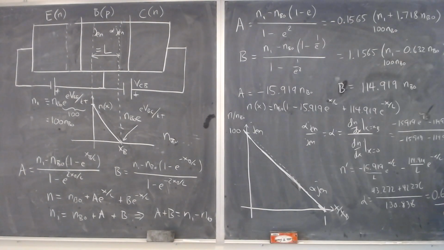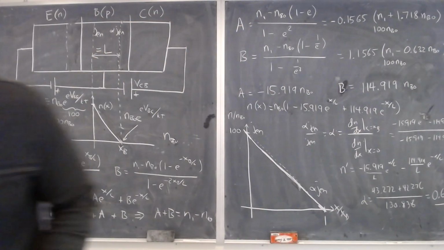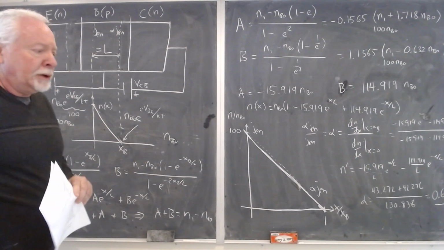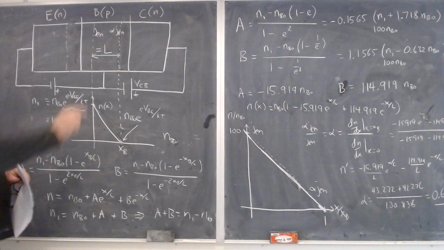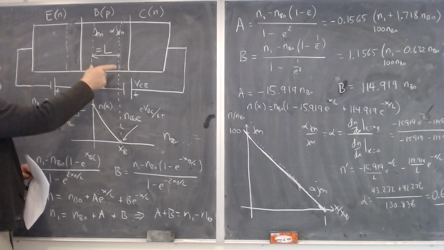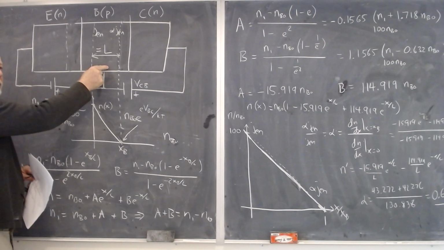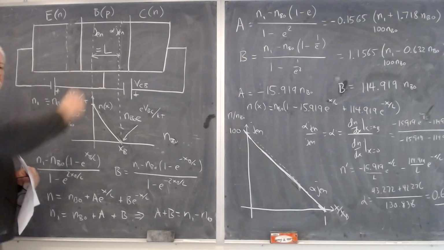An alpha of only 0.65 would be a pretty poor transistor if you think about it. So from this you've also learned that in order to make a good transistor, you want xb to be much smaller than diffusion length L. Diffusion lengths might be on the order of a micron, and so you want that to be much smaller than a micron.